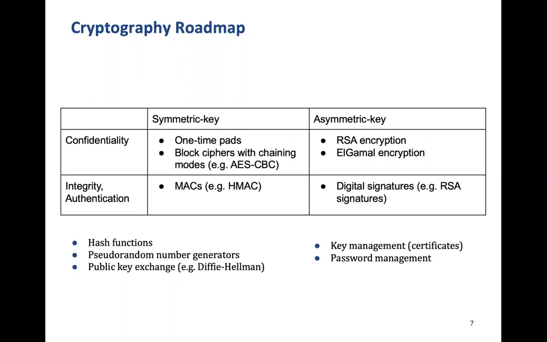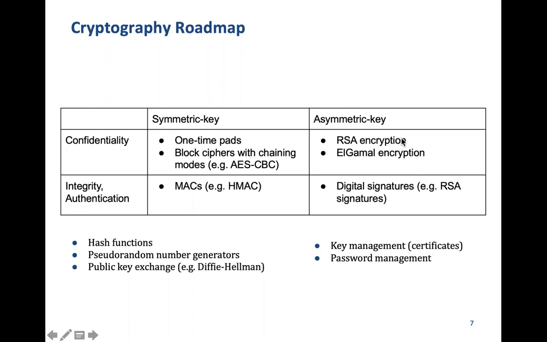We will be covering some of them, actually all of them, but not go into details. Today we'll study one-time pad, then we'll study AES CBC, we'll study MAC for integrity and authentication. So for confidentiality, again, we will study RSA encryption, then ElGamal encryption, digital signatures.